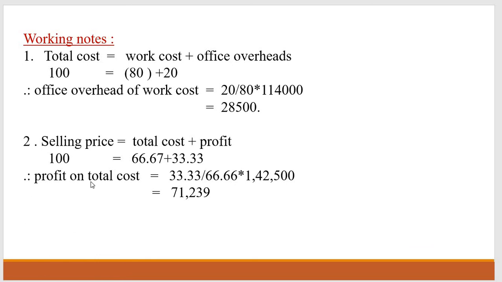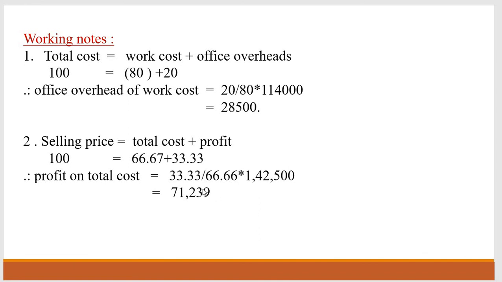So the profit on total cost is equal to 33.33 divided by 66.67 into 1,42,500. 1,42,500 is total cost. That is equal to 71,239.